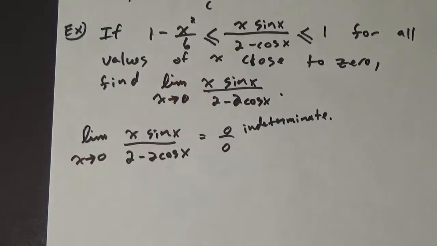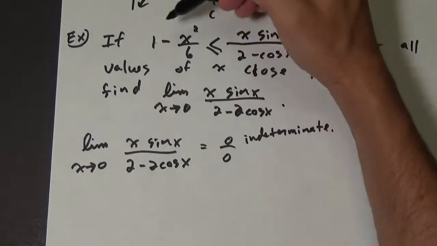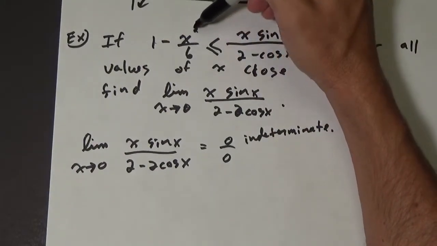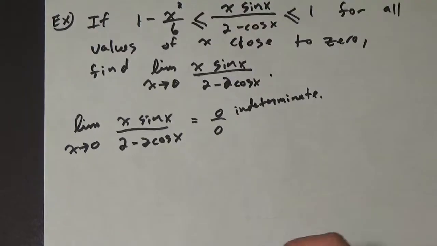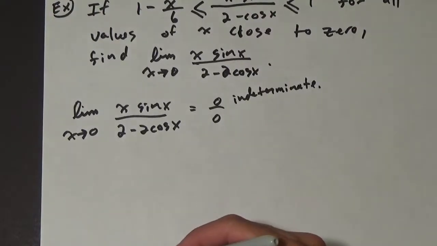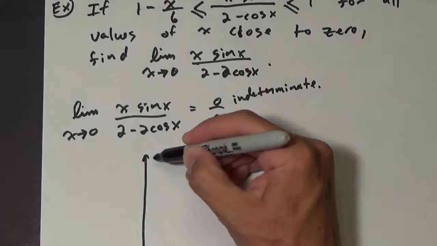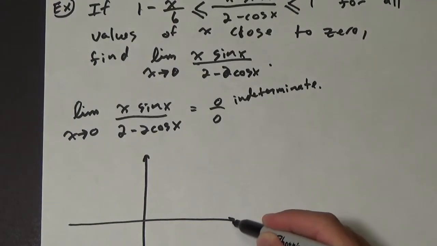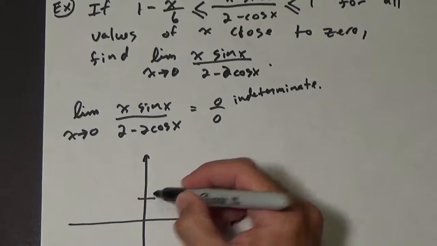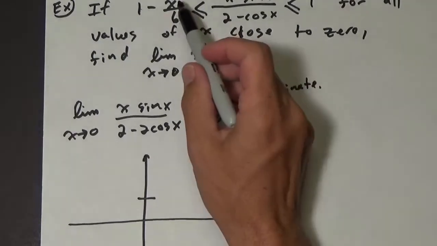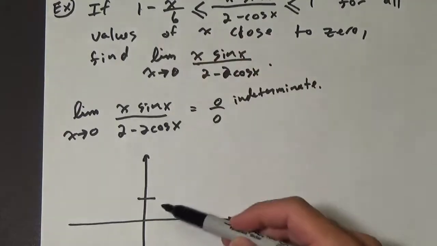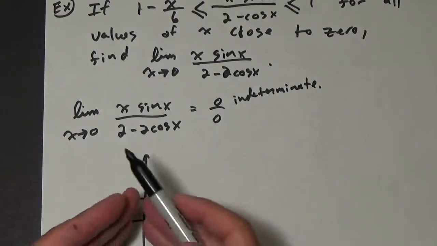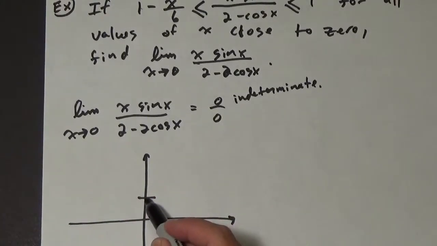If we look at these two functions, we have the function 1 minus x squared over 6. If I were to sketch that out, I'd go up to 1, and a negative x squared means it's a downward facing parabola, and the 1/6 means it's fairly wide.